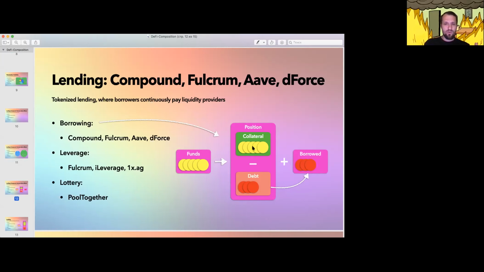Maybe you will be able to move some part of your collateral. Yeah. So that's how it works.